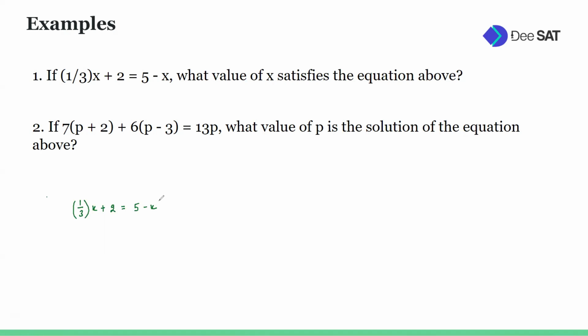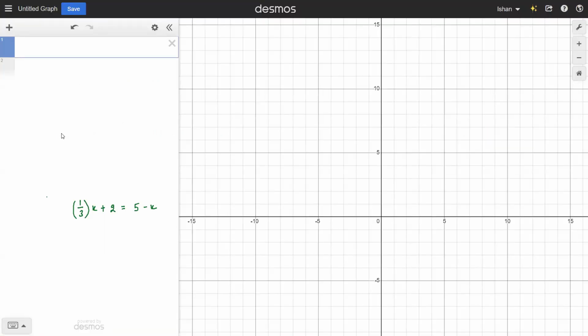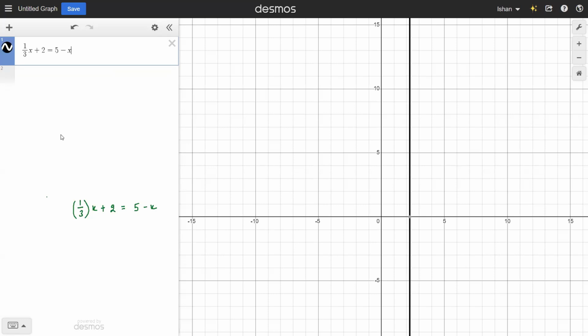Let's find the value of x. I'll write the equation directly: 1/3 times x plus 2 equals 5 minus x. You will see the value is 2.25. I can write the value 0.25 as a fraction, that is 9/4.